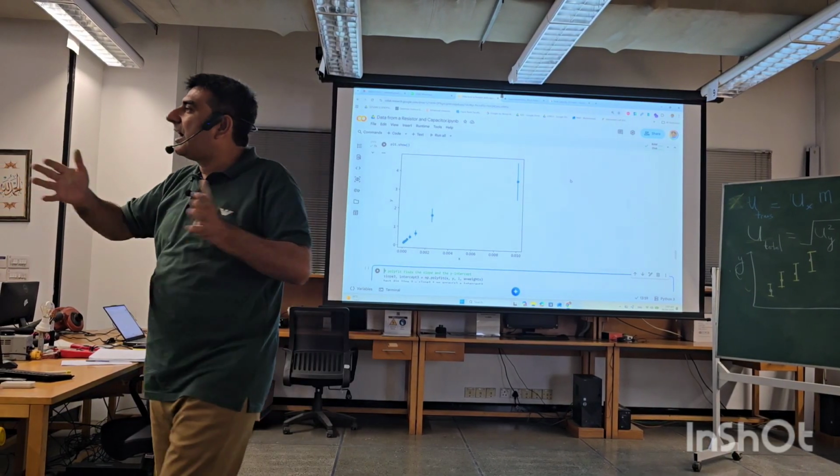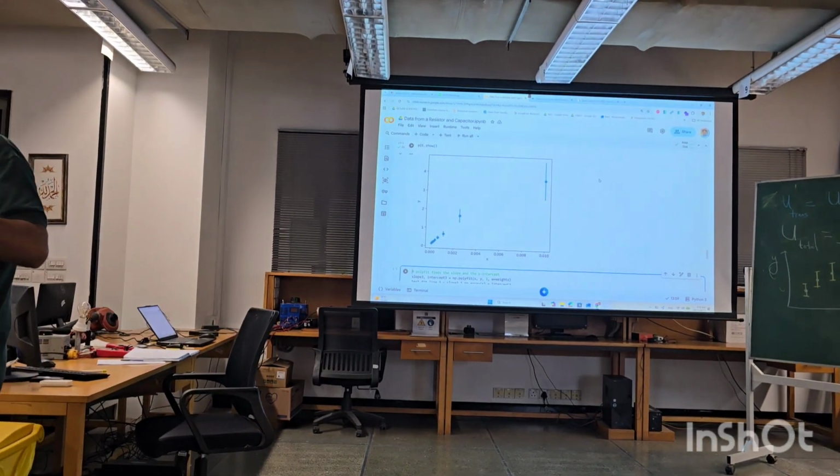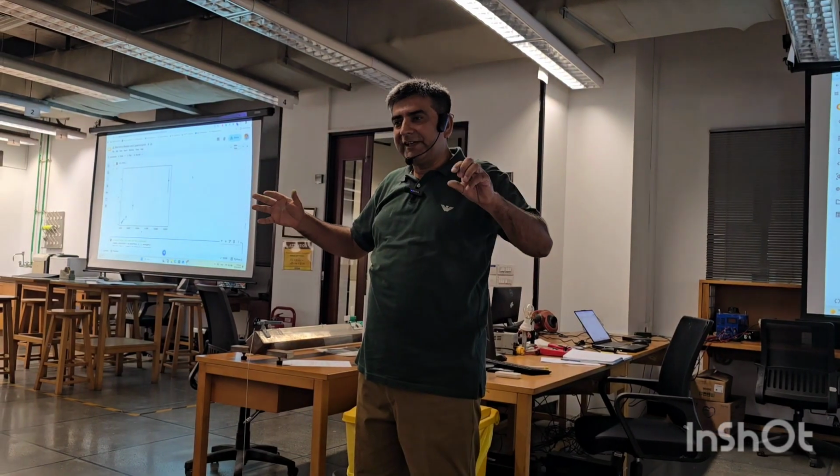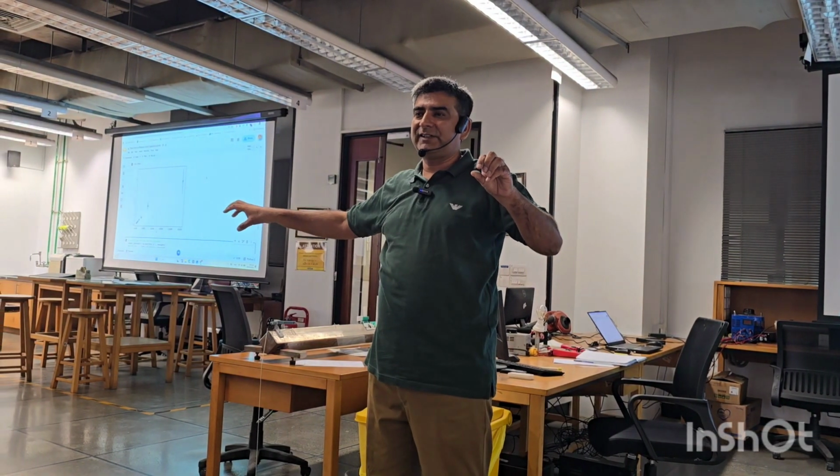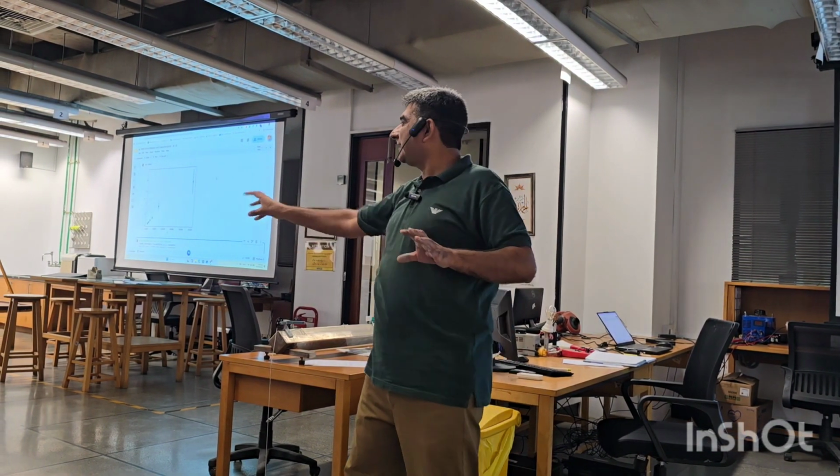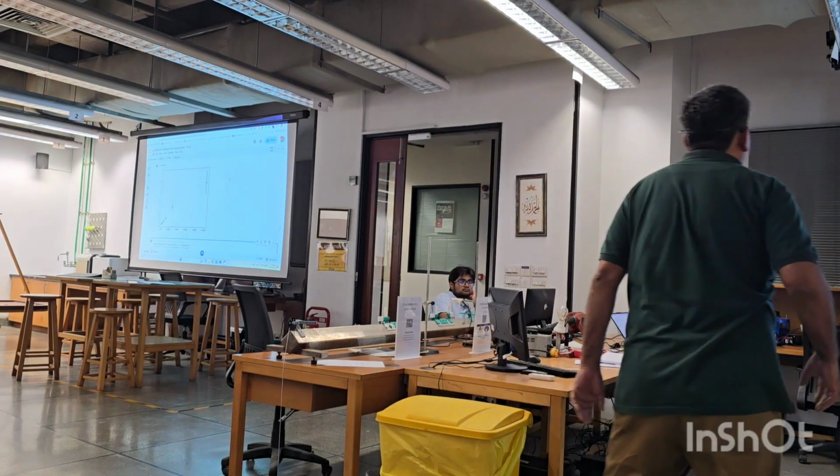We have an array for the uncertainties, U total. Now the weights will just be the reciprocal of these uncertainties. So higher the uncertainty, less the weight. So we define a new array.